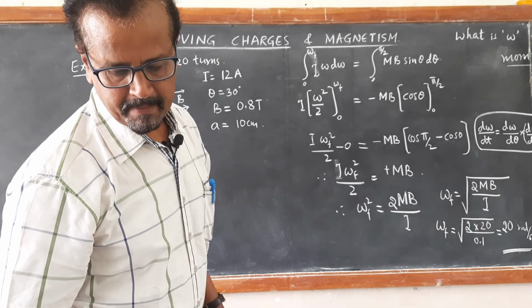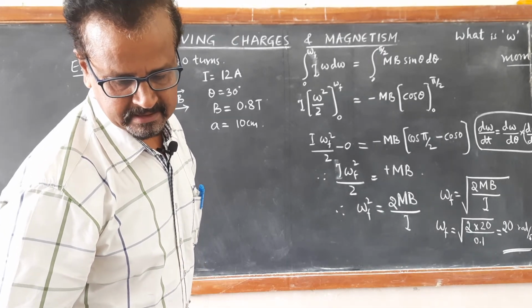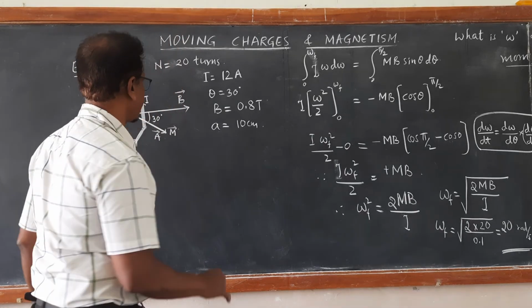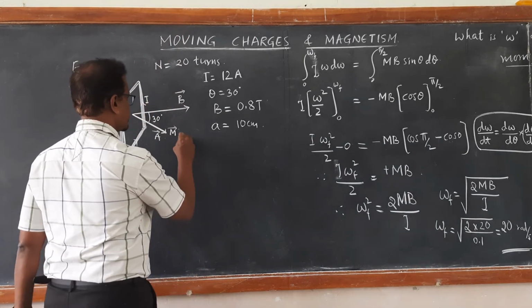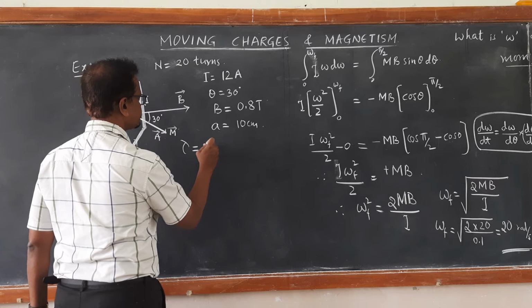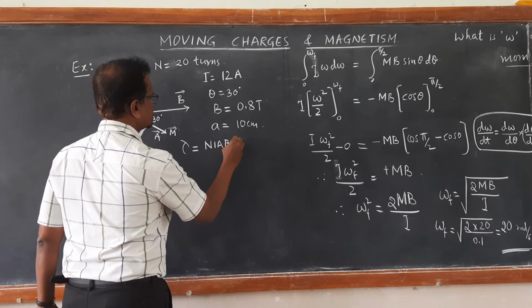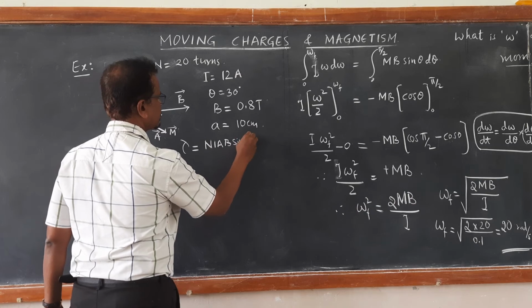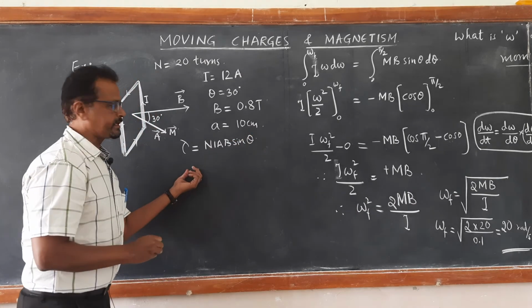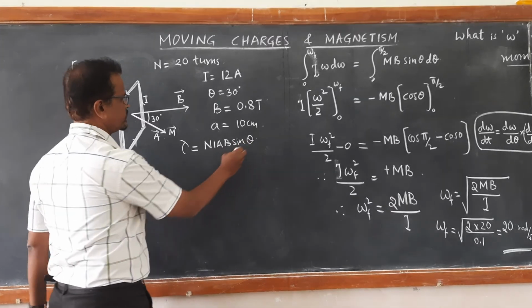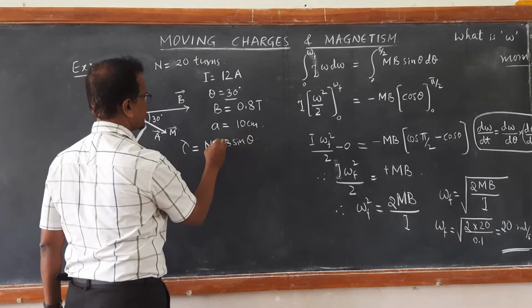So what is the magnitude of torque experienced by the coil? The magnitude of torque experienced by the coil is NIAB sin theta. Here theta is 30 degrees and the current is given.